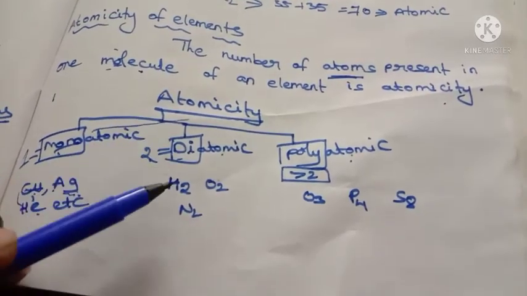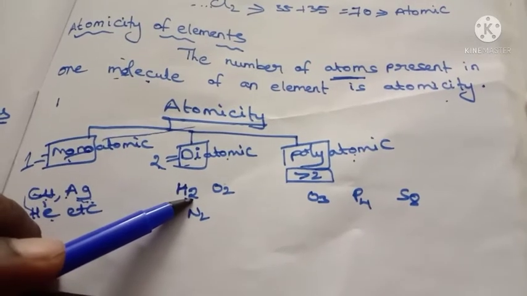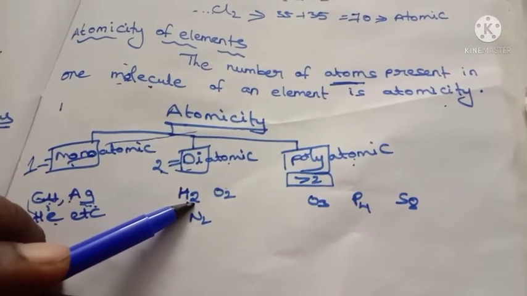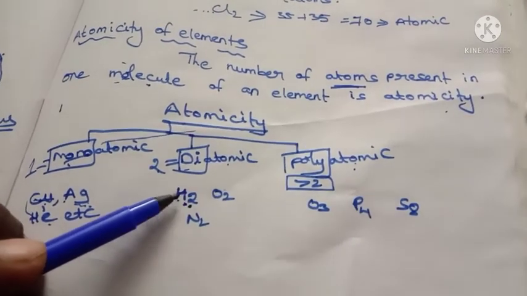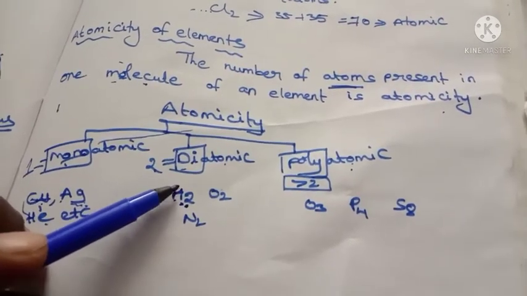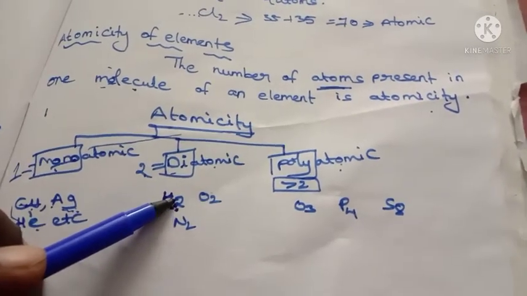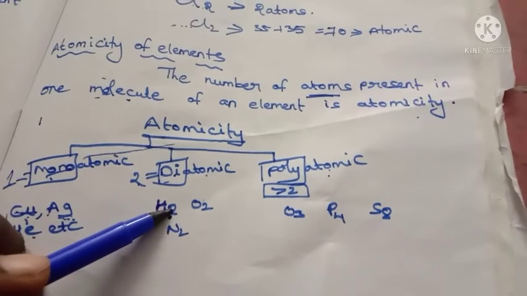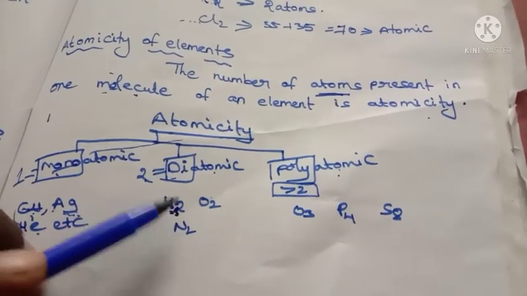Di means 2. Observe here hydrogen. How many hydrogens? 2. In the suffix you are observing the number 2. That means 2 atoms. I already told you a symbol represents one atom. Here how many symbols are there? 2. That means atomicity is 2.